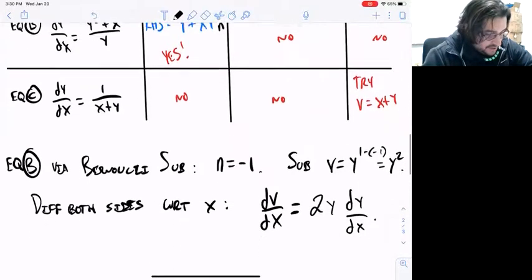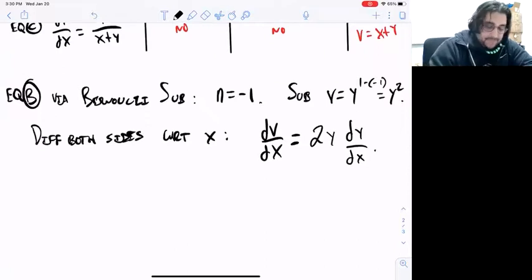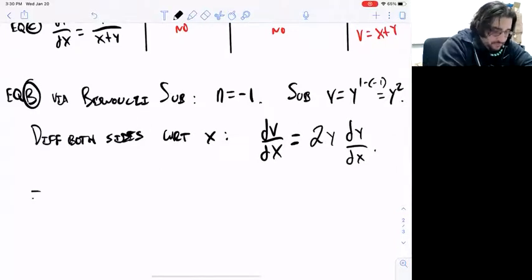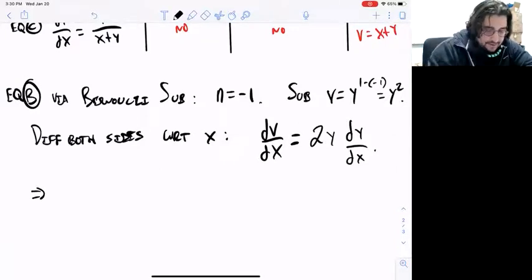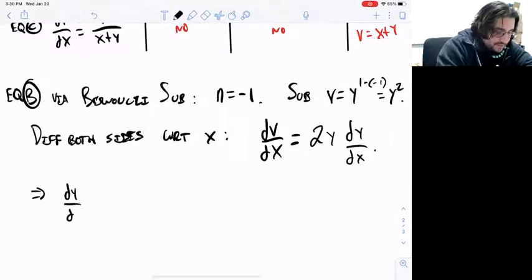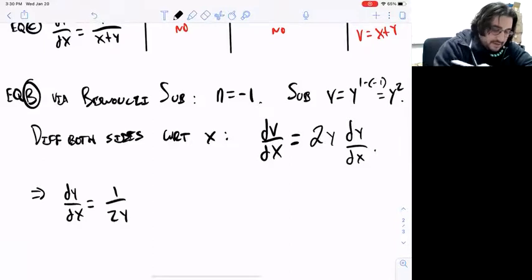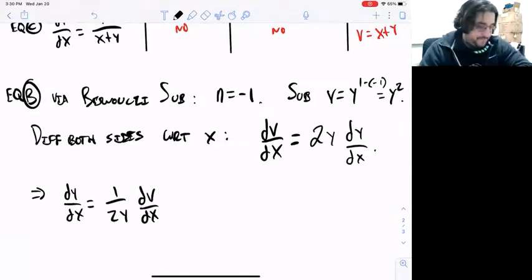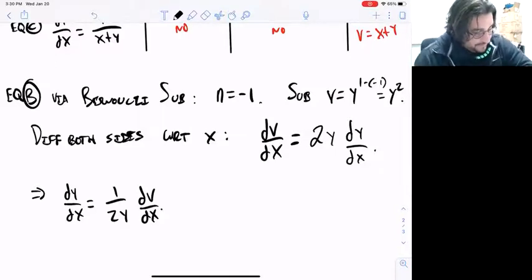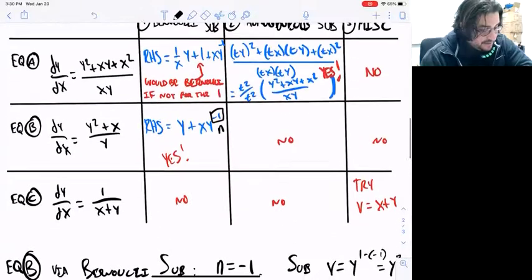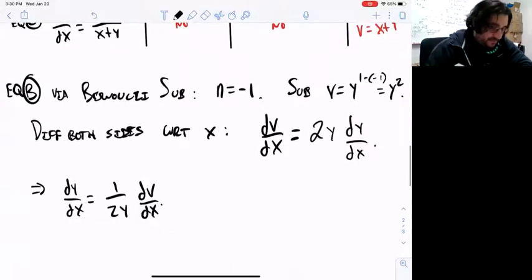So I have the dy dx, right? I know what to plug in for the dy dx now, because that is just 1 over 2y dv dx, right? And then I can plug that in on the left-hand side of the DE, right?